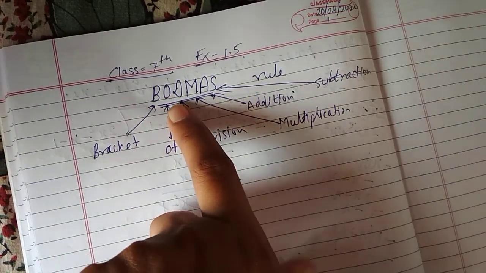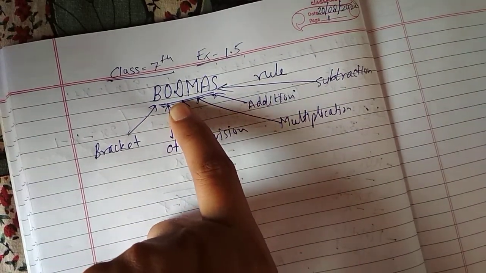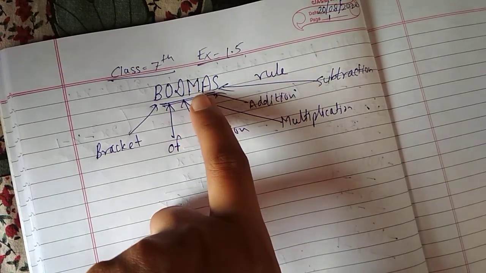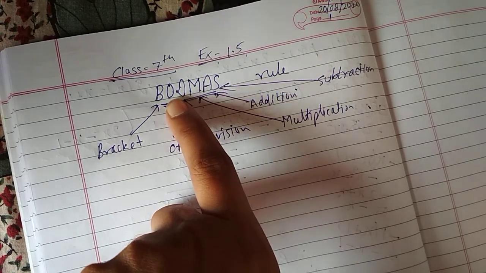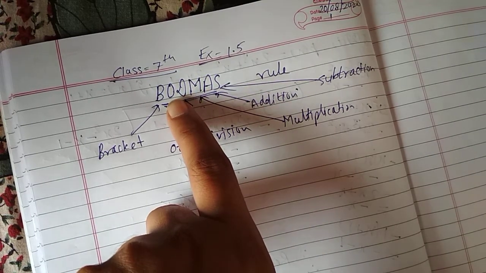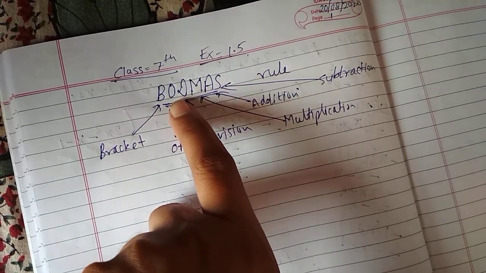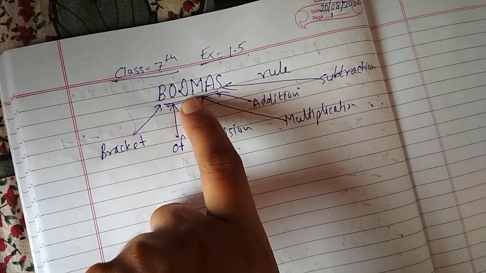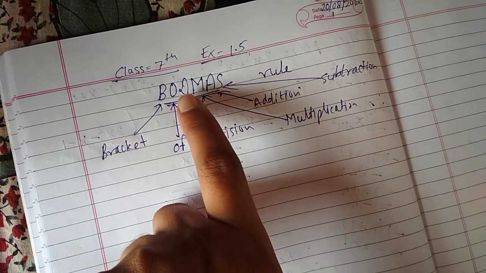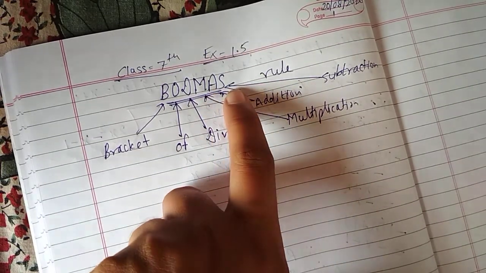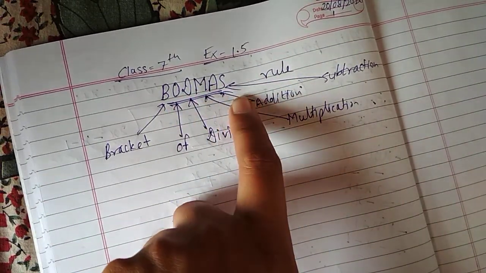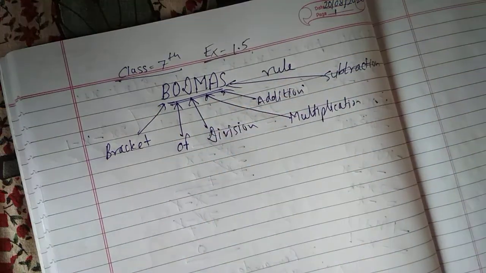Then of is multiplication, and M is also multiplication, but the multiplication by operation of is always used before the division. D for division, M multiplication, addition and subtraction. We can use the rule in order.